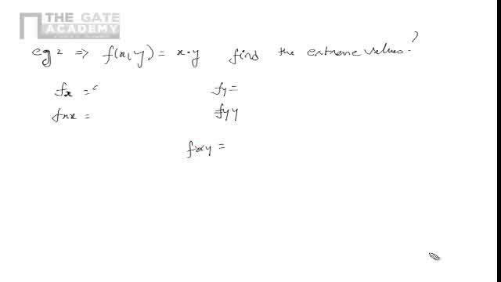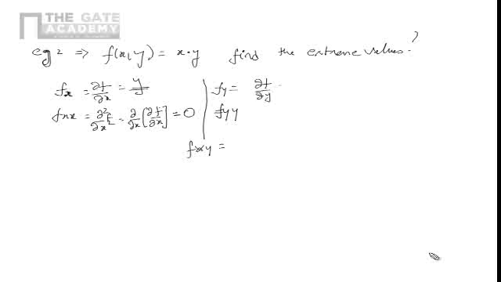What is fx? This is dou f by dou x, nothing but y. And fxx is nothing but dou square f by dou x square, which is dou by dou x of dou f by dou x. I am writing this every time so that we understand it very clearly without any confusion. Dou f by dou x is y, and partially differentiating y with x will give me 0. Fy is dou f by dou y, which is x.